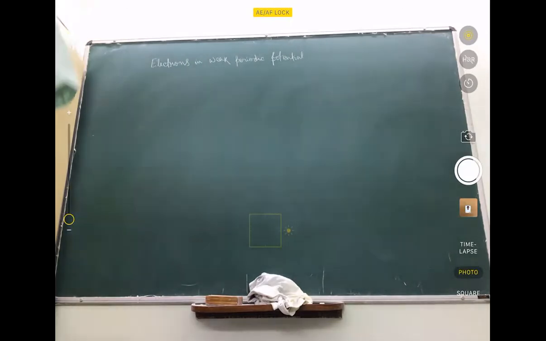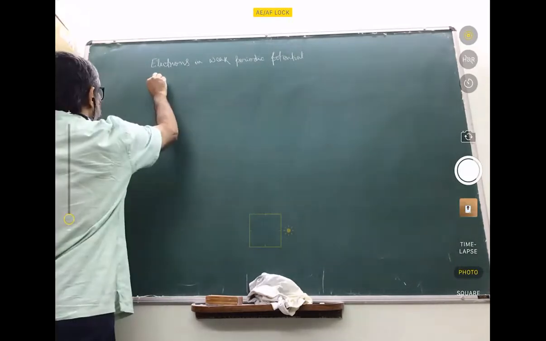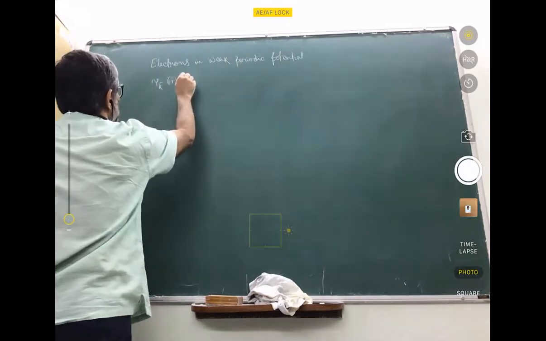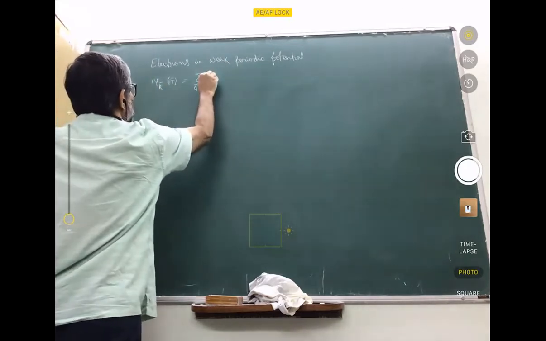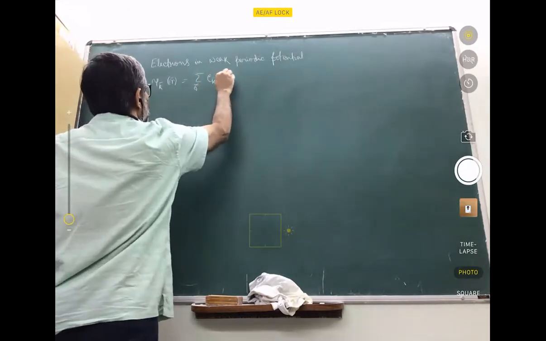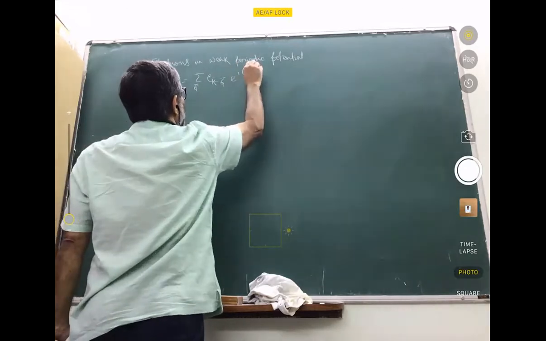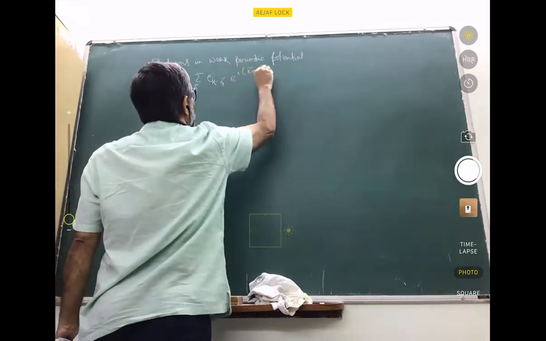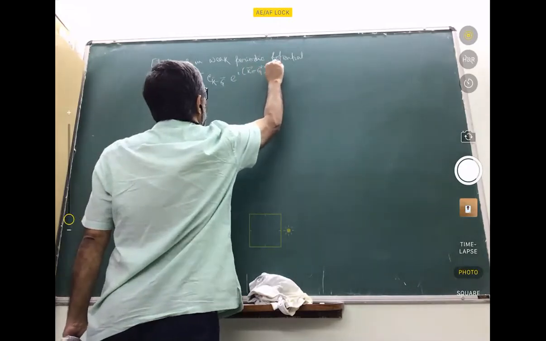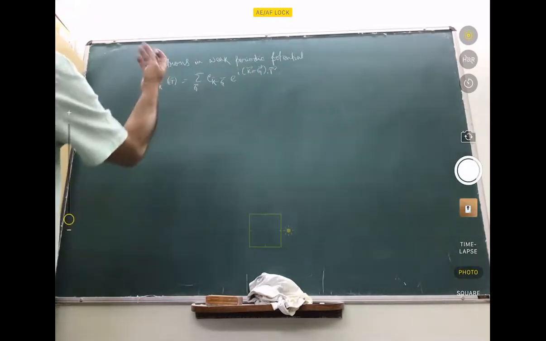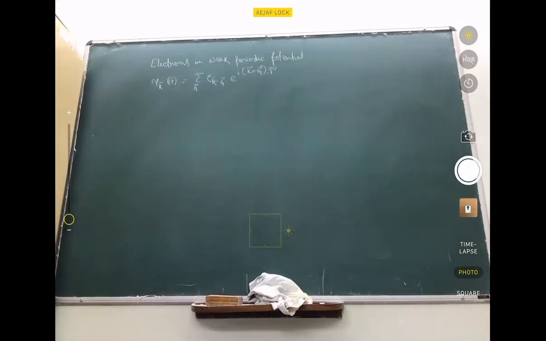This was our starting point: phi of r is, so this is the electronic wave function in a periodic potential, where these are the coefficients, and these states have some energy epsilon.